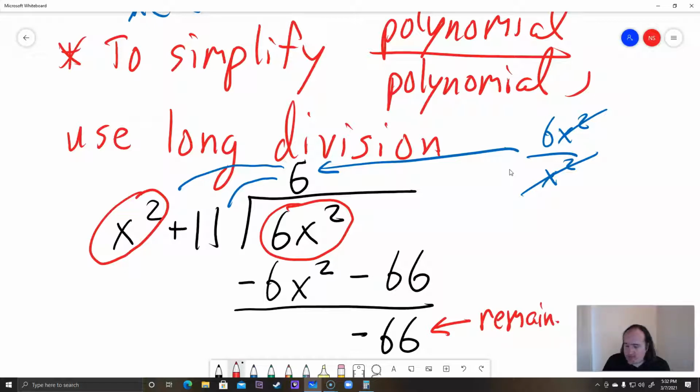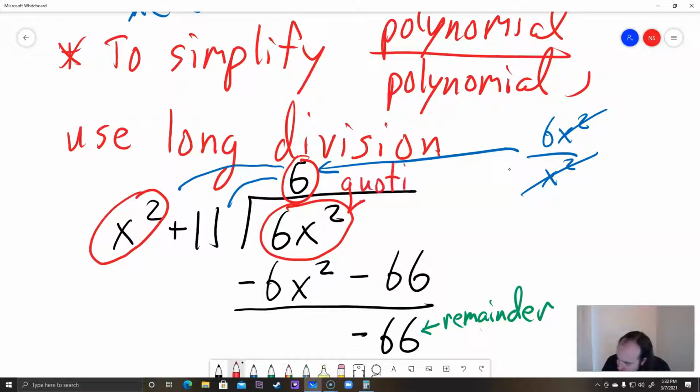And then the 6 up here, that's called the quotient. Actually, let me use a different color here to make it easier. So the negative 66 is the remainder. The 6 is the quotient. And then the x squared plus 11, that was what we were dividing by.